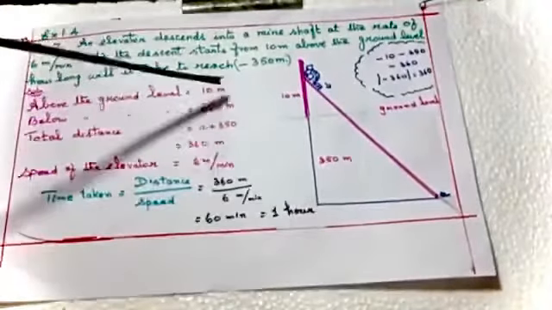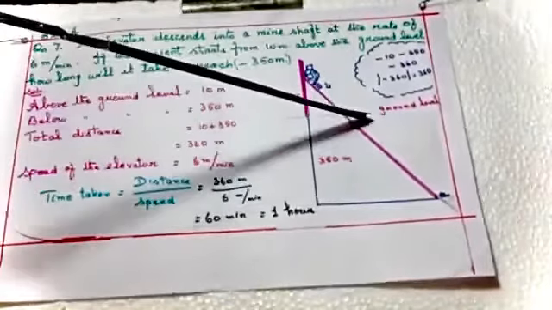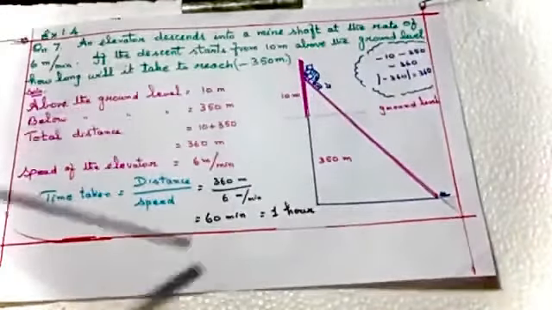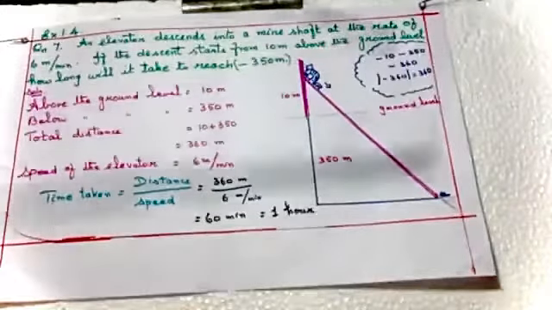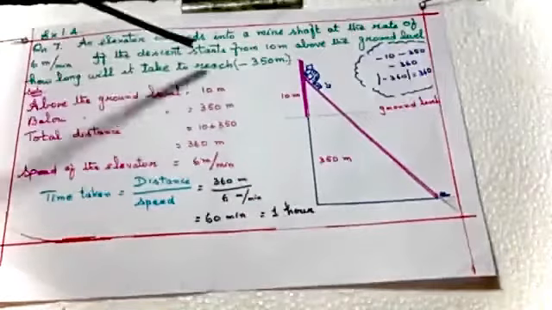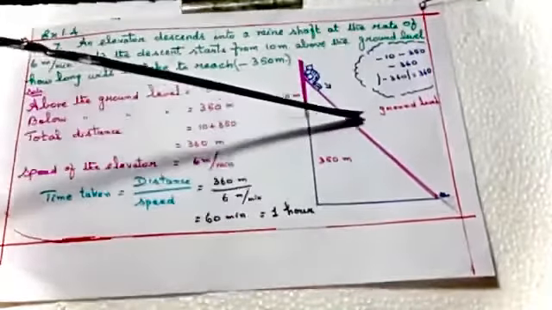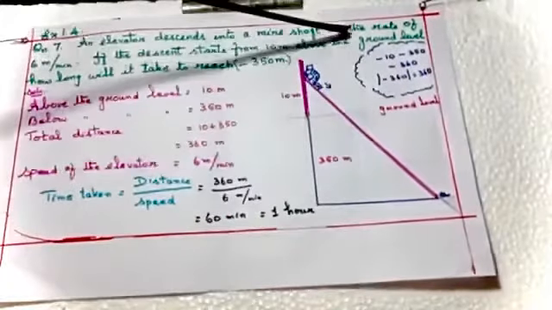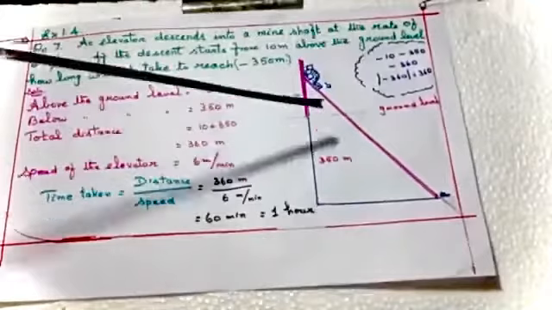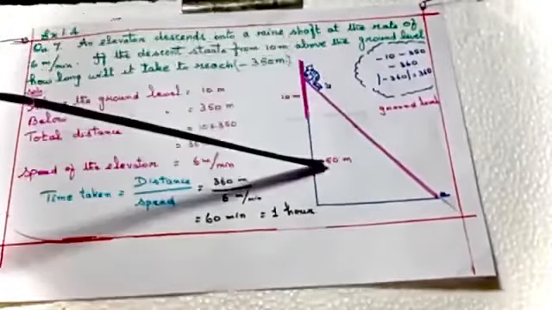Children, here I considered everything as positive: from ground level 10 above, from ground level 350 below. But if you want, you can take both as negative. When something moves upwards, we take it as positive, and if it moves downwards, we consider it as negative. So here it moves downwards.